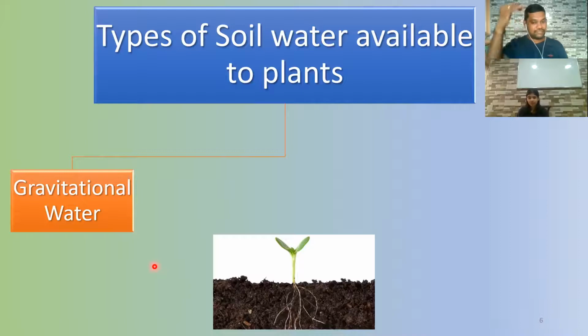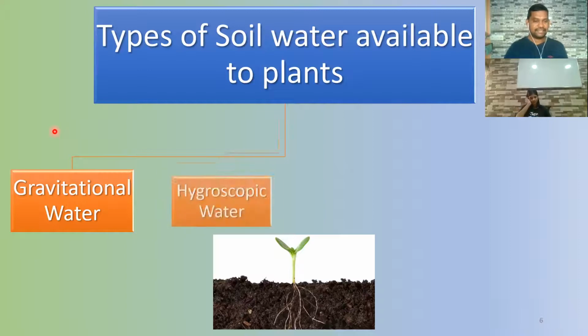So much below the earth's surface, there is something called groundwater. So the gravitational water becomes a part of the groundwater. So that is not available actually to the plants. The groundwater, gravitational water ये इतना नीचे जाता है. This does not become available to the plants.